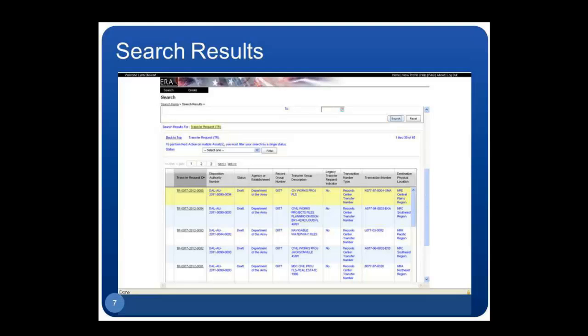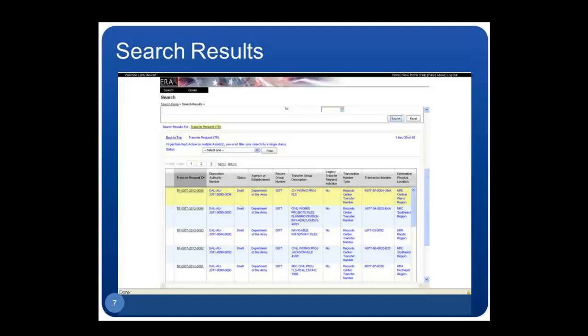This is the hyperlink to the form, which can be selected to retrieve the form. In a moment, Lynn will walk through the form in more detail and include screenshots which display the form. And in advance of that, the mechanism for accessing that would be selecting the TR number.